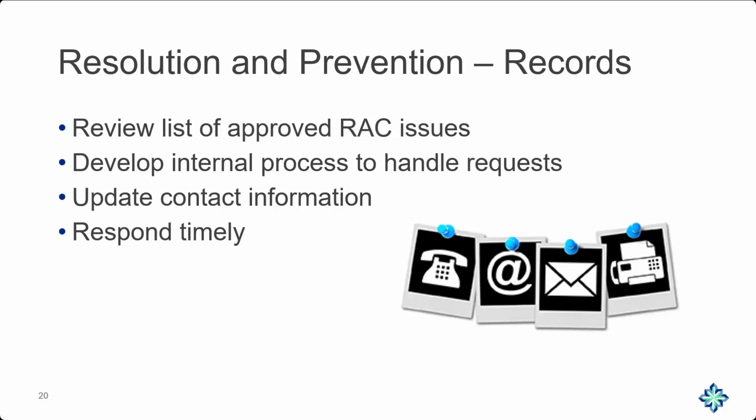So take a look at that and just kind of become familiar with the types of services and provider types that CMS has given them permission to review. If it's something you review for, or you are that provider type, then you'll be watching for those review requests, those documentation requests, excuse me. And so you'll kind of have a jump on it.